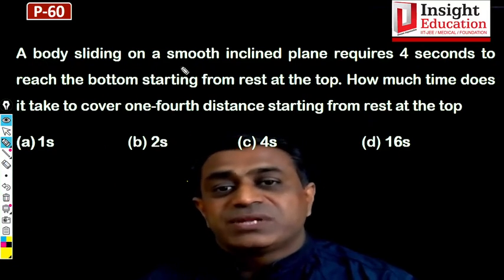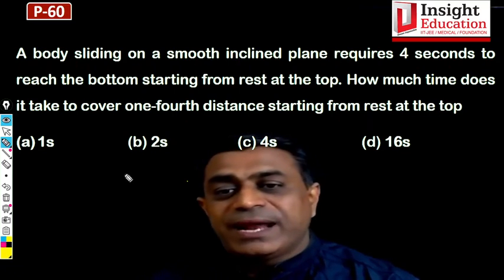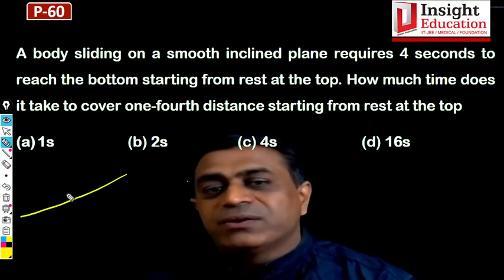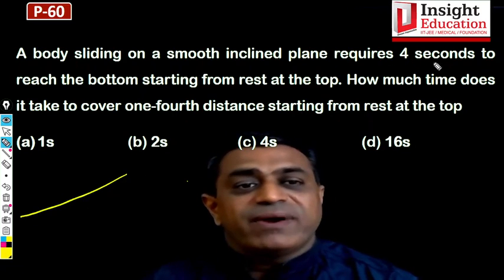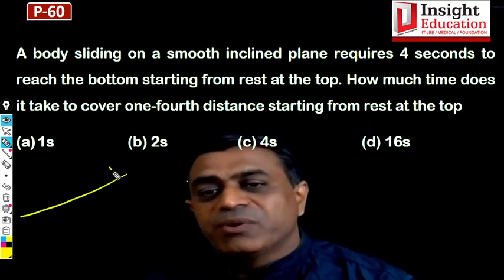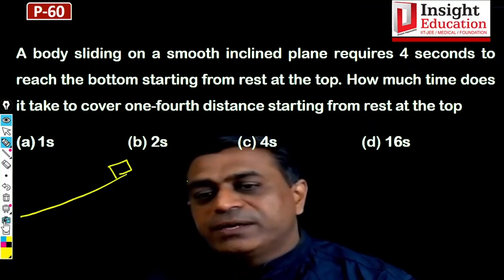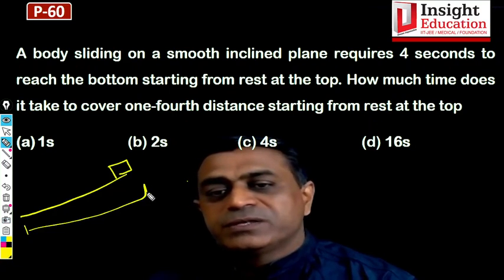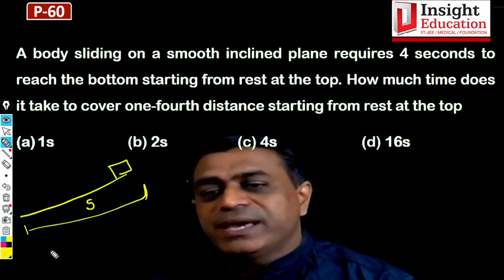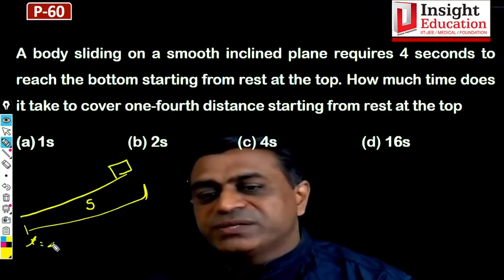A body sliding on a smooth inclined plane requires 4 seconds to reach the bottom. Suppose the total distance traveled is s, and the total time is 4 seconds.